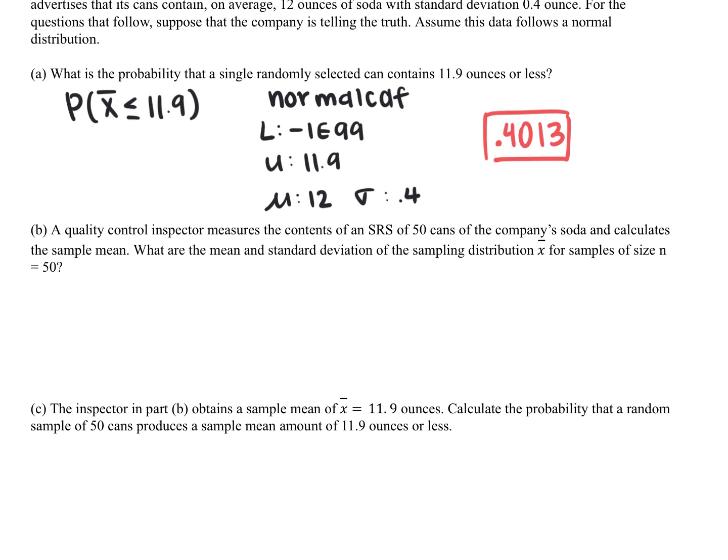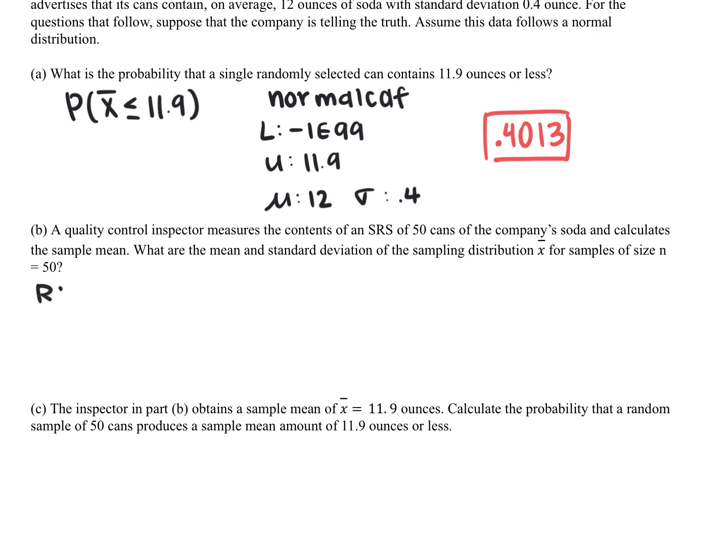Now let's suppose that a quality control inspector measures the contents of an SRS of 50 cans of the company's soda and calculates the sample mean. We want to now calculate the mean and standard deviation of a sampling distribution for a sample of size n equals 50. So in order to calculate my mean and standard deviation, I now have to check that all of my conditions are met.